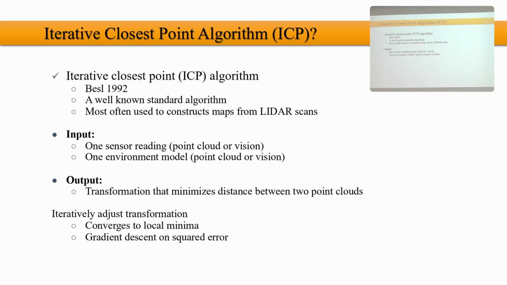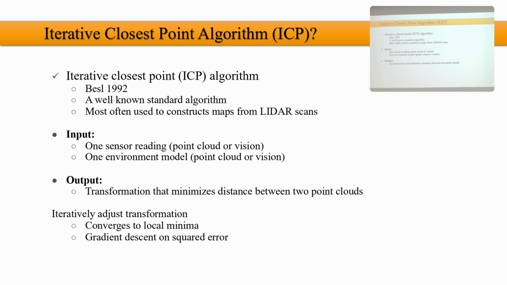So the input is the sensor reading, which can be a point cloud or vision, and the other input can be the environment model, again as a point cloud or vision. So not only can the sensor reading be an input, but my constructed map can also be an input to my algorithm in order to do the calculations.